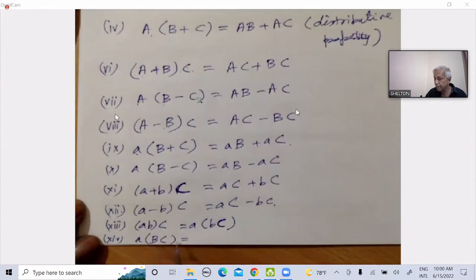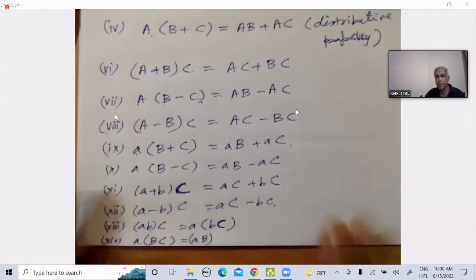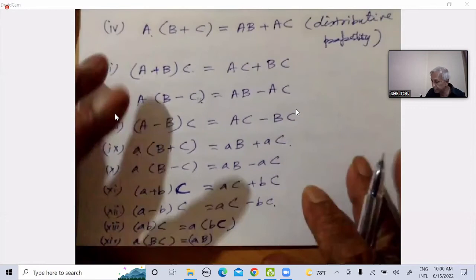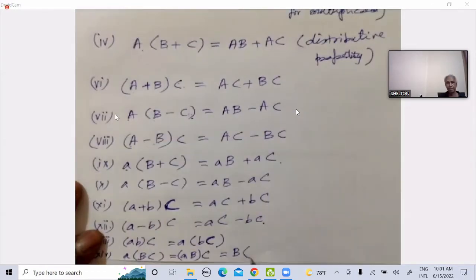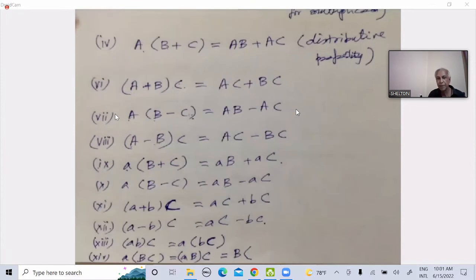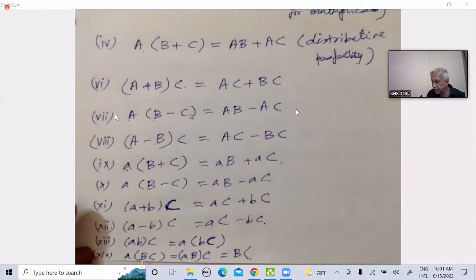AB times C. Also equal to B times, yes, this A can be put there also.